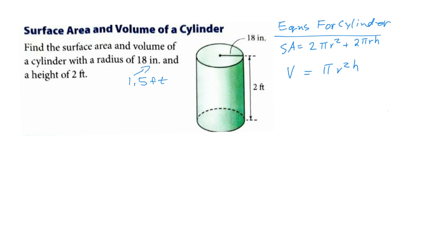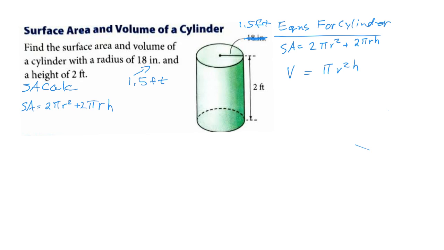So instead of 18 inches in our problem here, we have 1.5 feet for our radius. So when we calculate our surface area, this is what we have: the surface area equaling 2 pi r squared plus 2 pi r h, right?